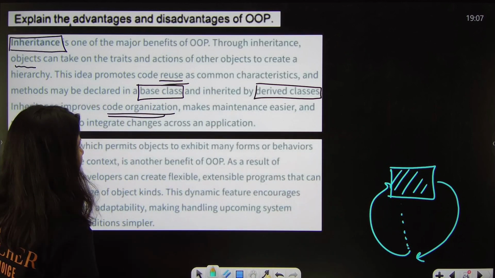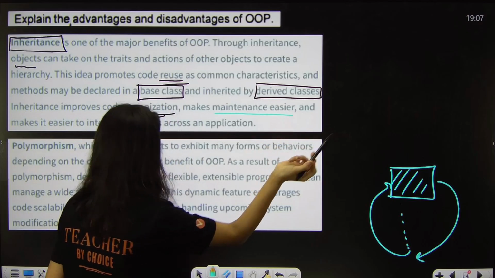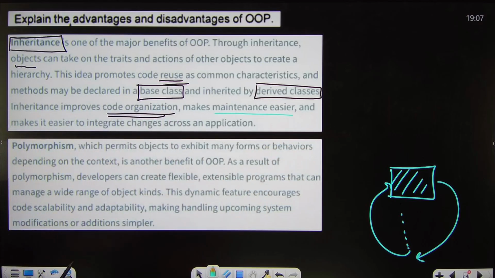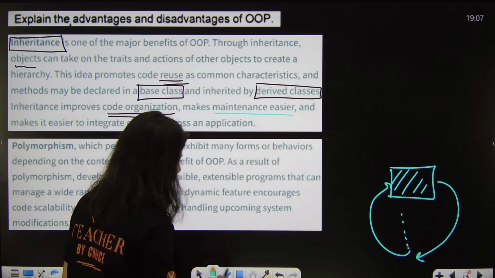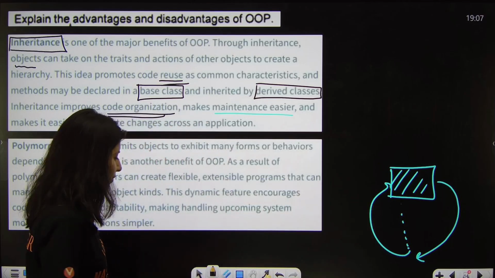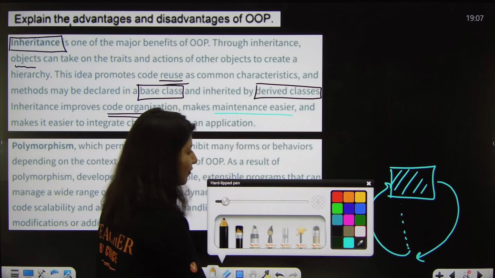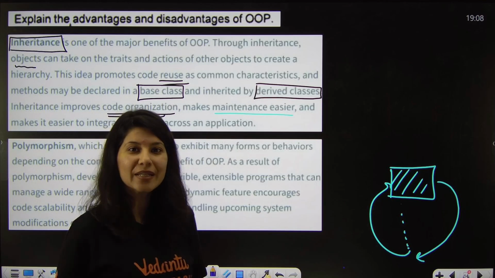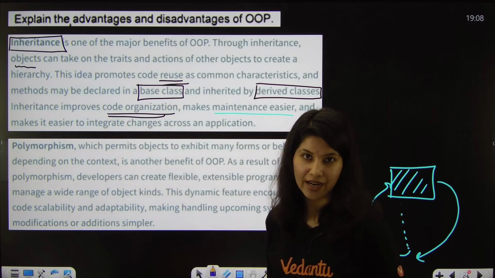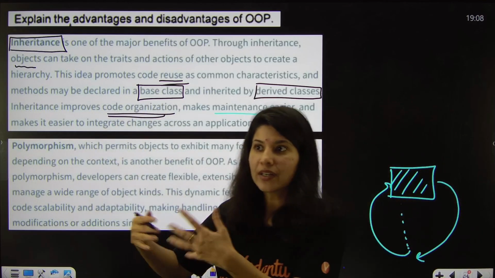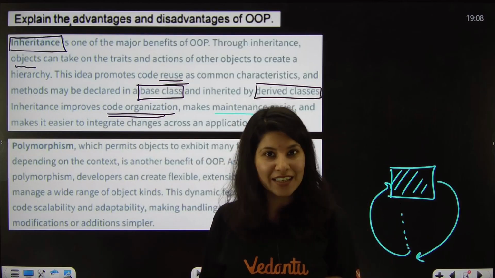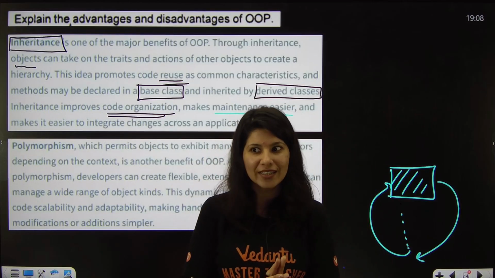So yes, it makes maintenance easier and makes it easier to integrate changes across an application. And also, when I was a beginner coder, I also used to think like that. But when I started coding regularly, I realized that writing code is obviously the important thing.